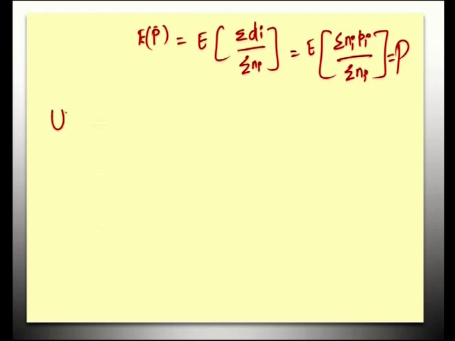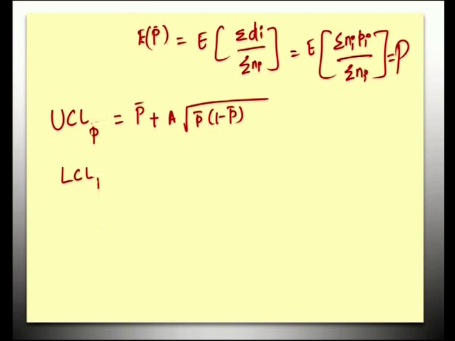So UCL of P bar is going to be P bar plus A into root of P bar into 1 minus P bar.